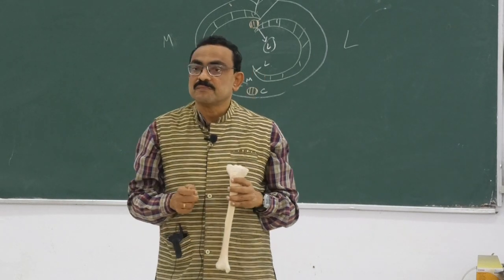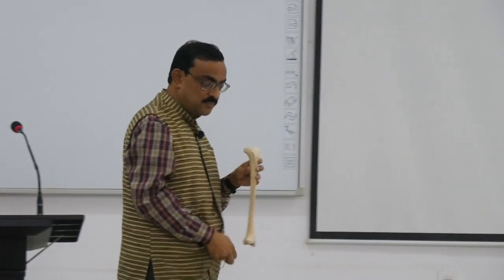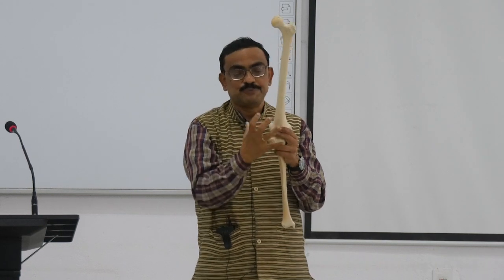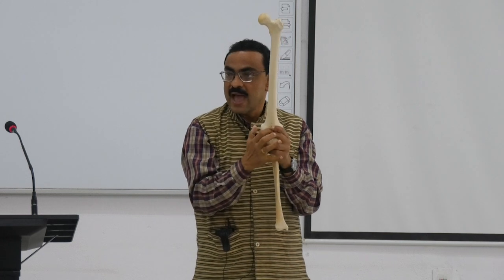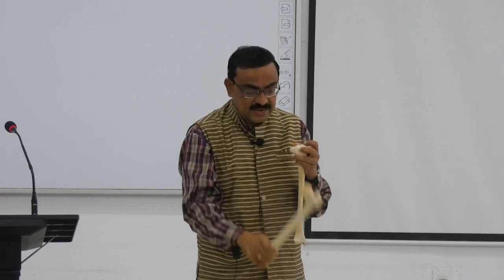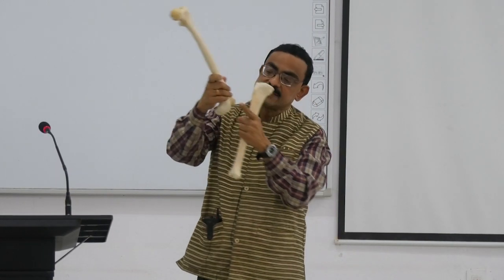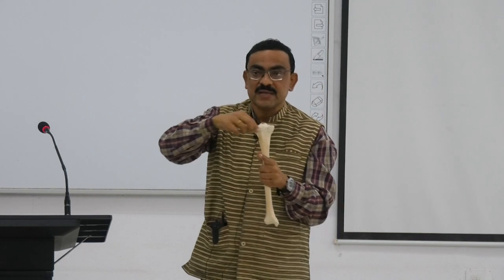And what is the attachment, in the synovial joint, what do we get? A capsule. Joint capsule. And the joint capsule is attached around the articular margin above and over the articular margins below.